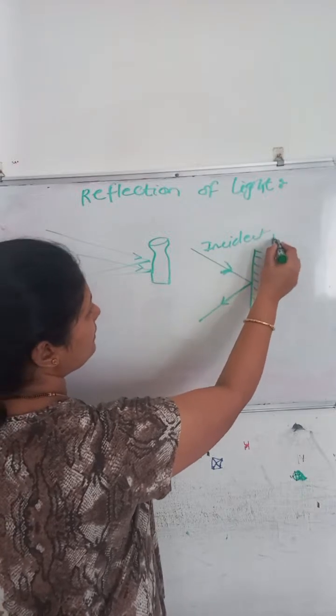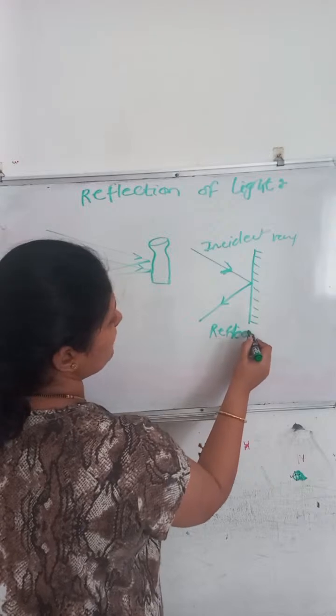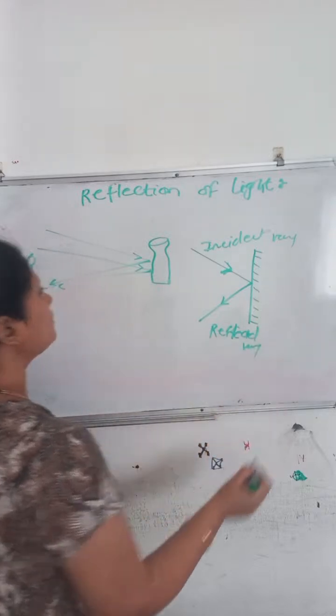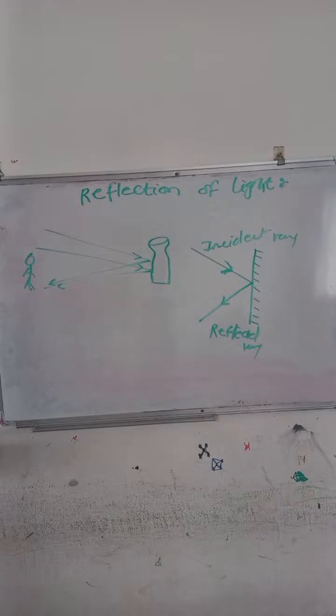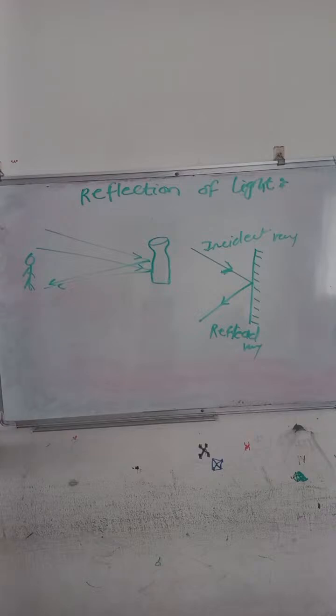This is known as the incident ray and this is known as the reflected ray. In short, reflection of light is a phenomenon of an object which throws back the light falling on the surface. Hence the reflection of light changes its path.